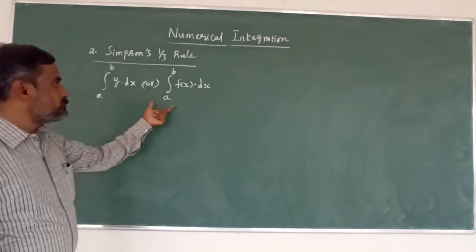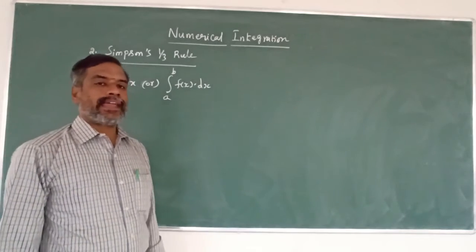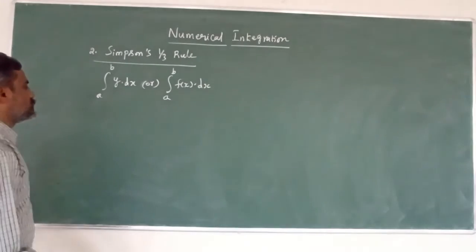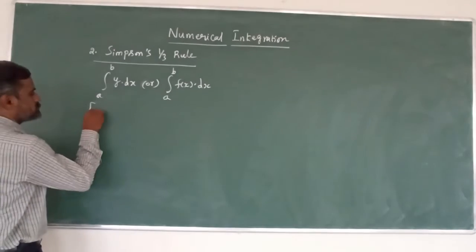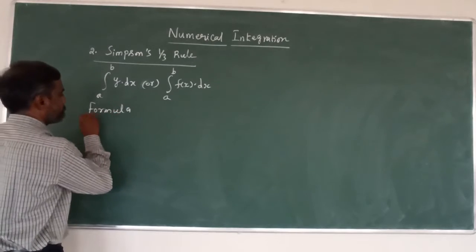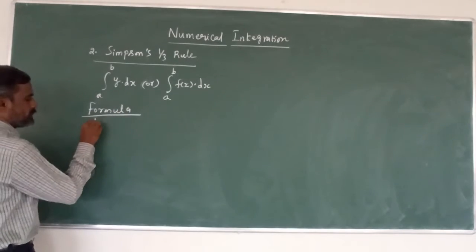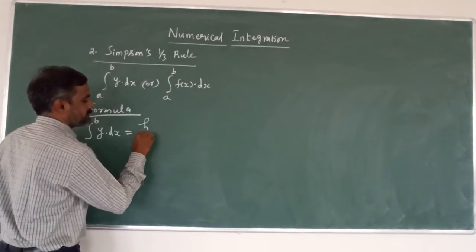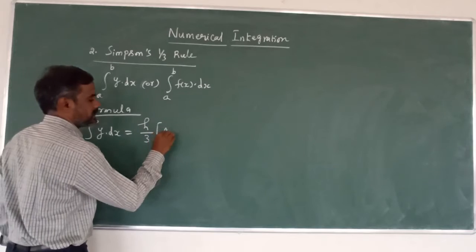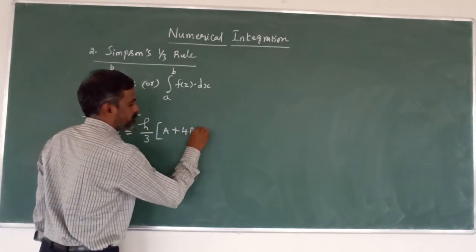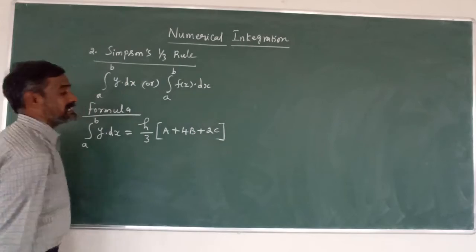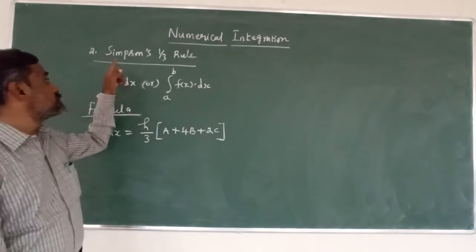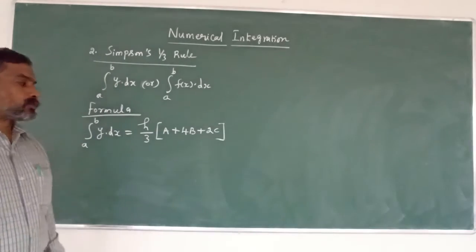Now the given numerical integration is solved by using Simpson's one-third rule. The formula for Simpson's one-third rule: integration a to b y dx equal h divided by 3 times A plus 4B plus 2C. This is the formula to find the given numerical integration by using Simpson's one-third rule.